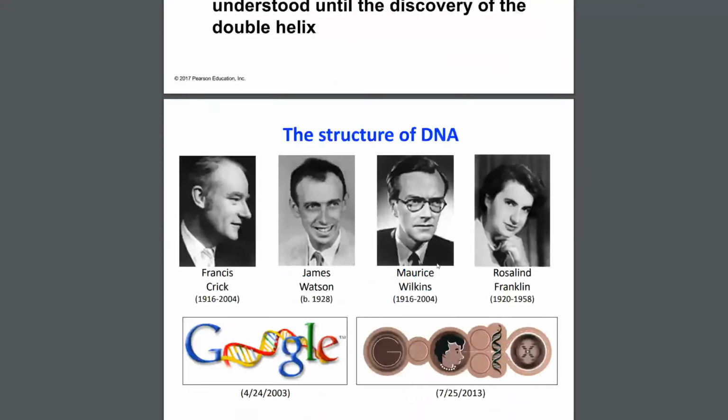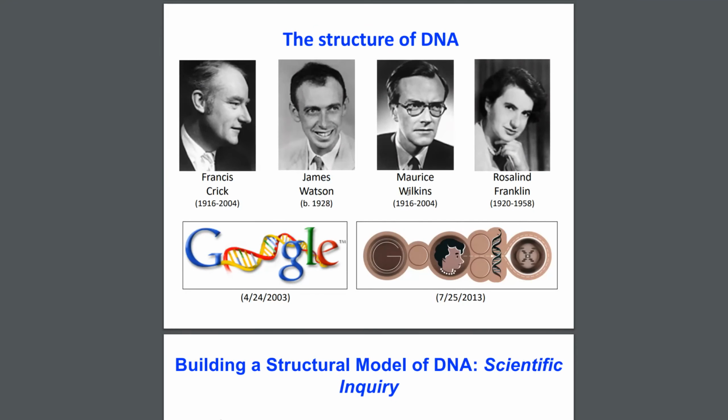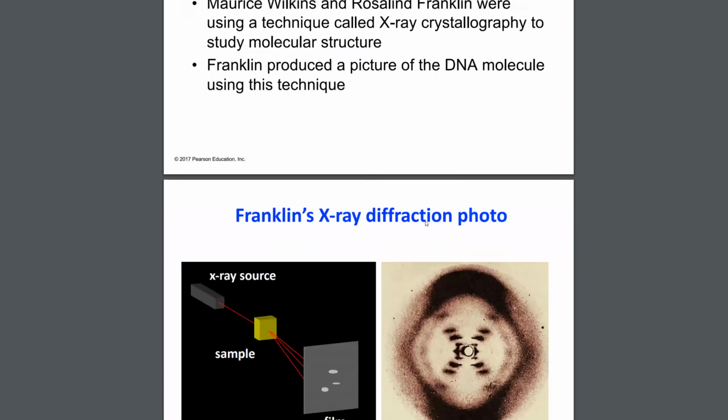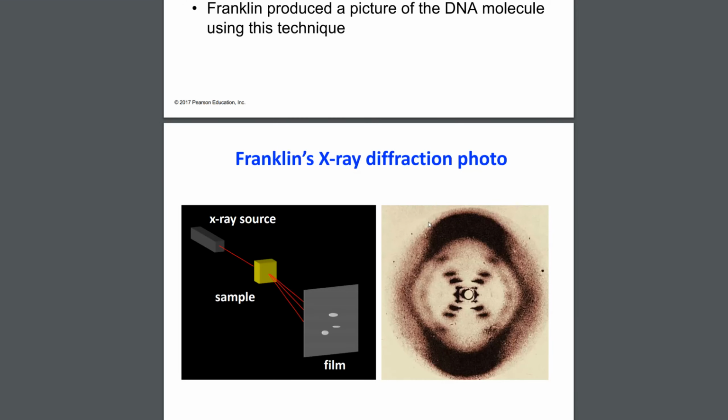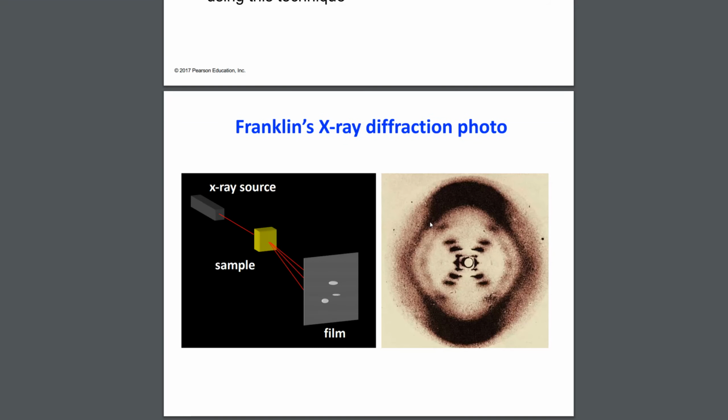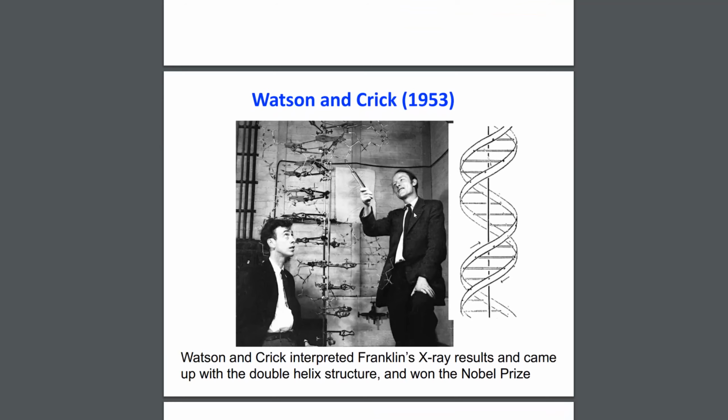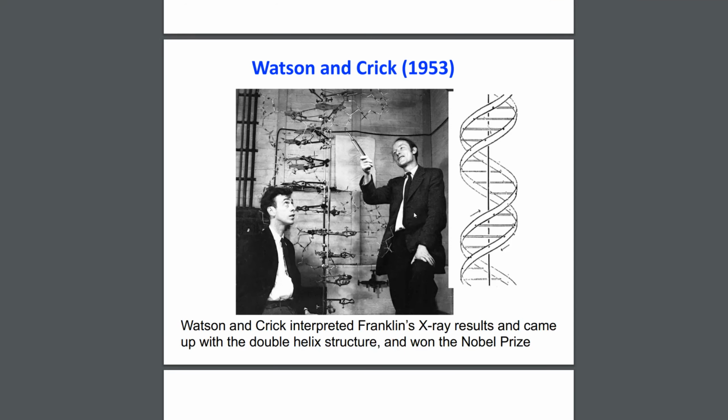Cool. So let us keep going to look at the structure of DNA. So now that we know about DNA, about kind of how it came to be known as genetic material, we can look at some famous experiments that were done talking about the structure of DNA.